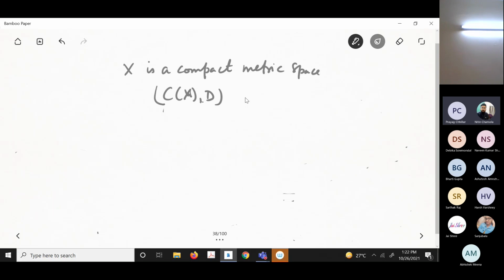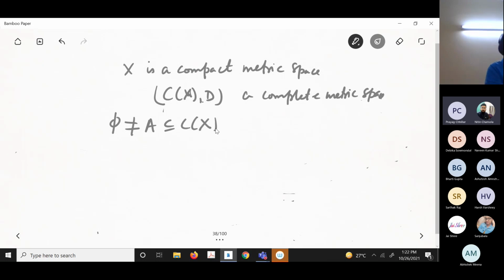It's a complete metric space. Now suppose A is a non-empty subset of C(X). Now the question is that, like the Heine-Borel theorem, the following are equivalent. I won't do it today, but I will do it later.